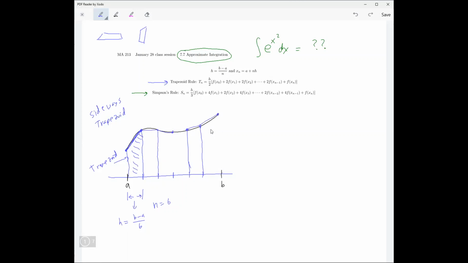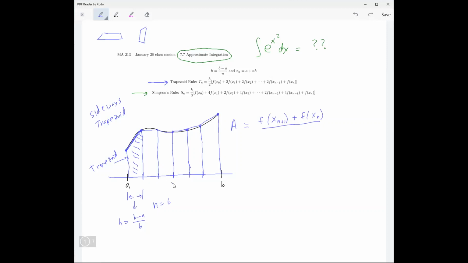And this interval from here to here. Okay, so you got these different trapezoids, and the idea is to find the area of those. The area of a trapezoid is equal to f of the previous point plus f of this.